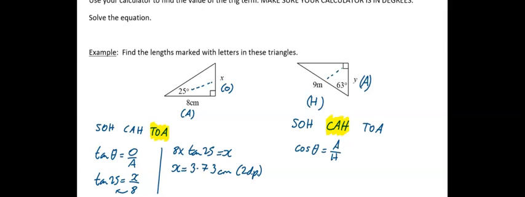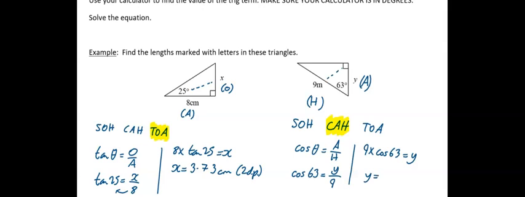Then again, just like the last question, we're going to fill in. Theta we knew was 63. The adjacent is the side we're looking for, it's y. And the hypotenuse in this case is 9. So when we bring that 9 across, you'll have 9 times cos of 63, and that's going to be equal to y.